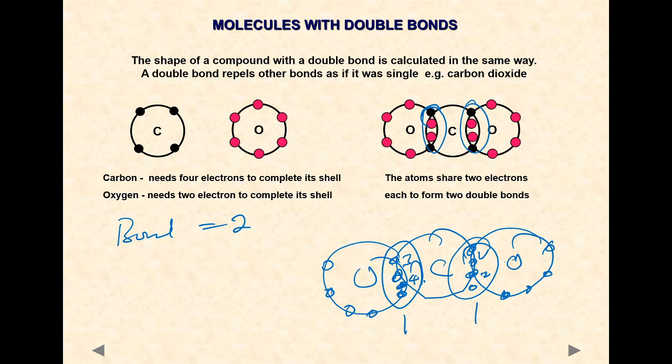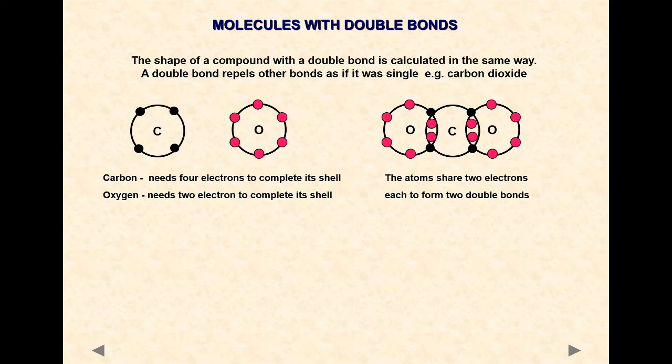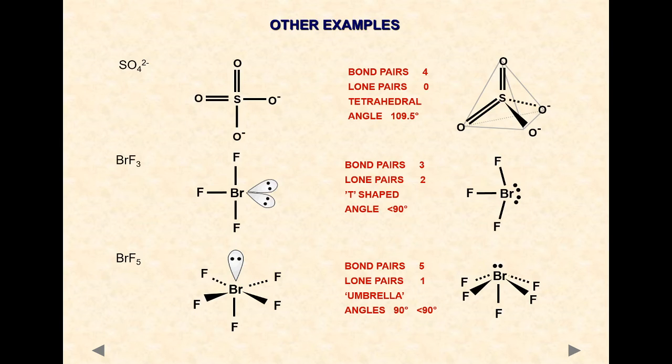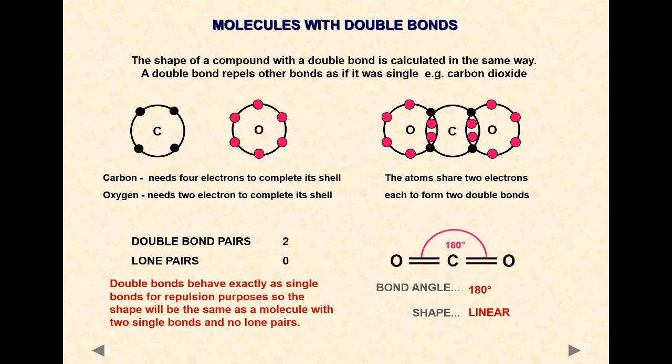So in short, the molecule is linear, and the lone pairs will be 0. So the molecule is linear with a 180 degrees bond angle, like in beryllium chloride in the previous slides. So this is what you expect to have.